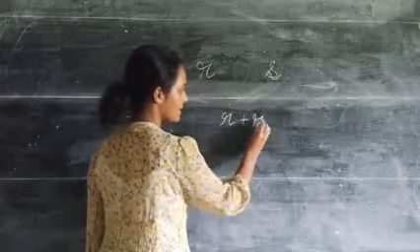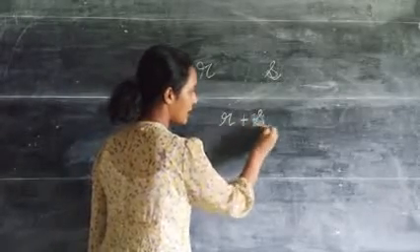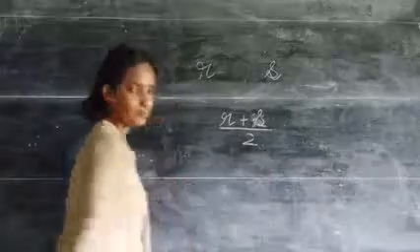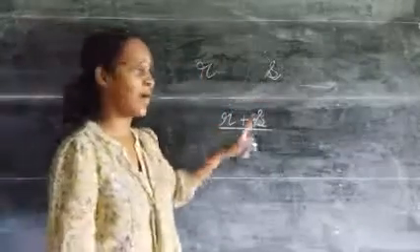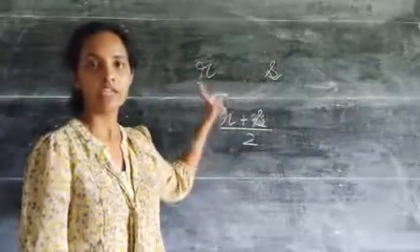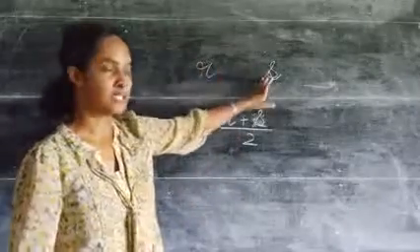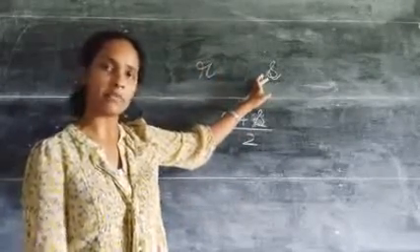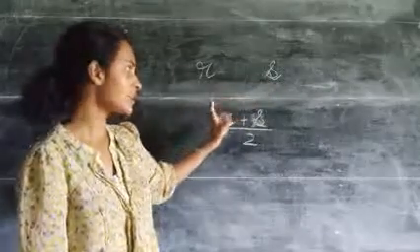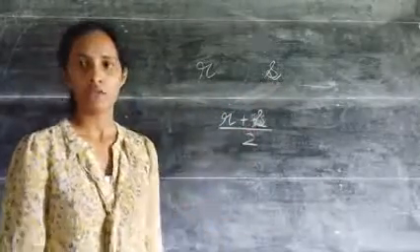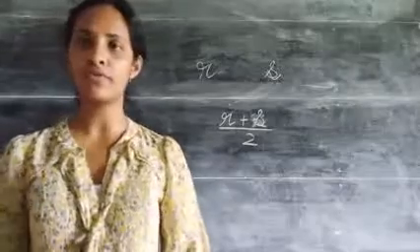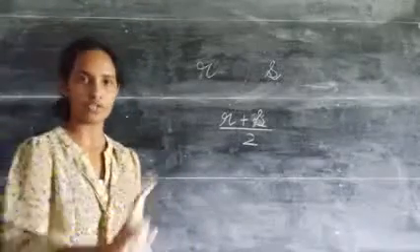R plus S by 2, right? That is what we did: 2 plus 3 by 2, 3 plus 4 by 2. So likewise, if I take two numbers R and S, the number between them is R plus S by 2. This is the formula that we use to find a number between any two numbers.